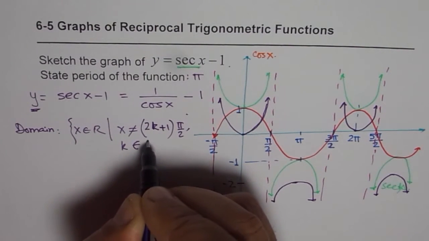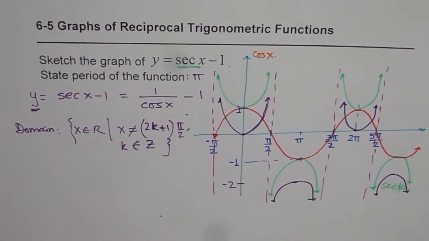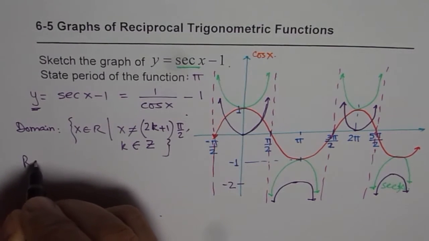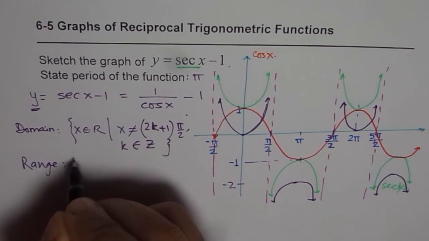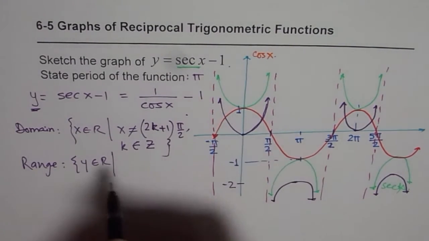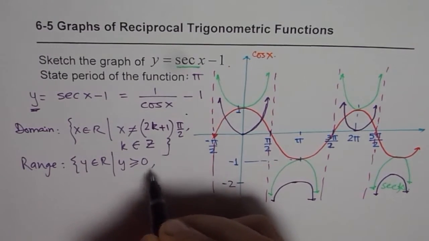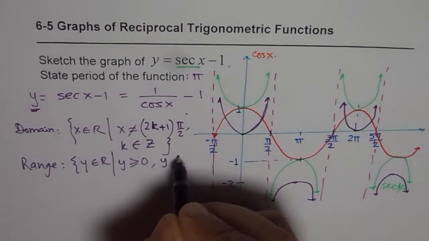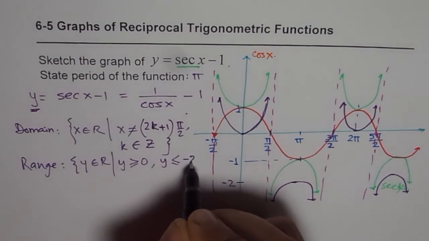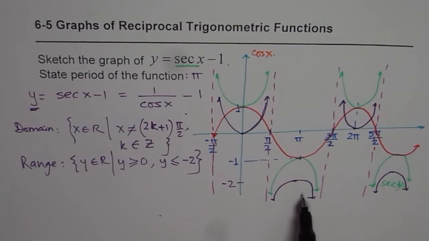For integers, you can write I or Z. So that becomes the domain. It's very important to write. And the range is y belongs to real numbers, but you'll see that y is either greater than or equal to 0 in this case, or it is less than or equal to minus 2. So that becomes your range for the function.